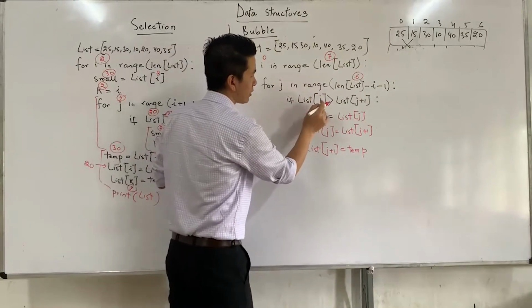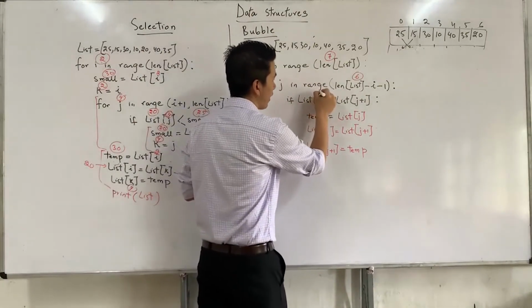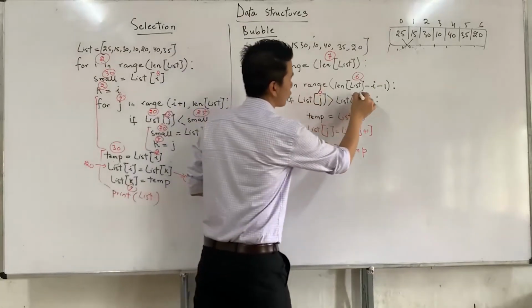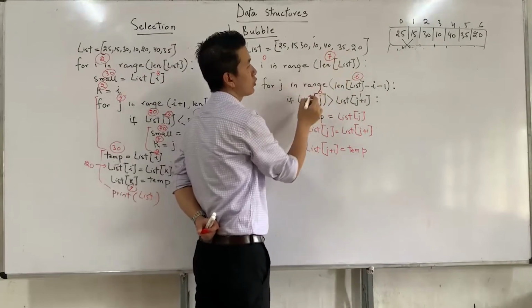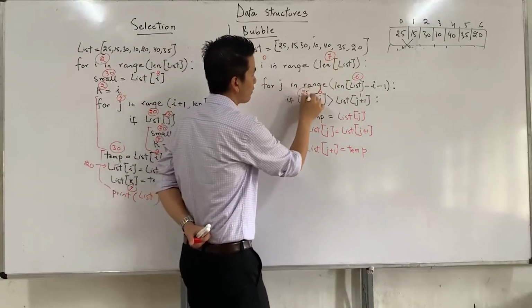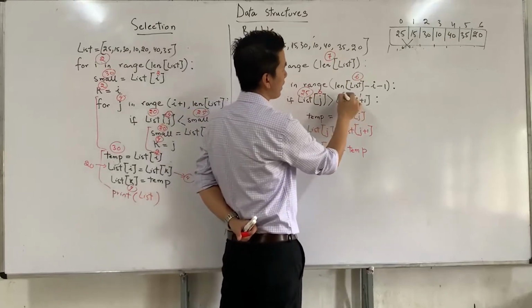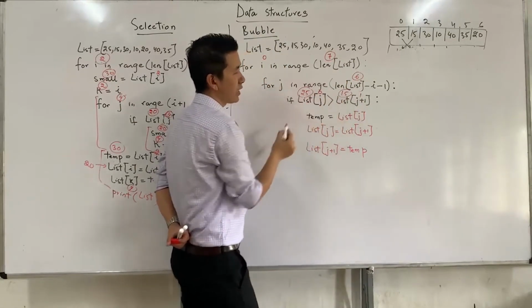Let's do the comparison. The value of j is 0, and j plus 1 is 1. List of 0 is 25, and list of 1 is 15. Is 25 greater than 15?